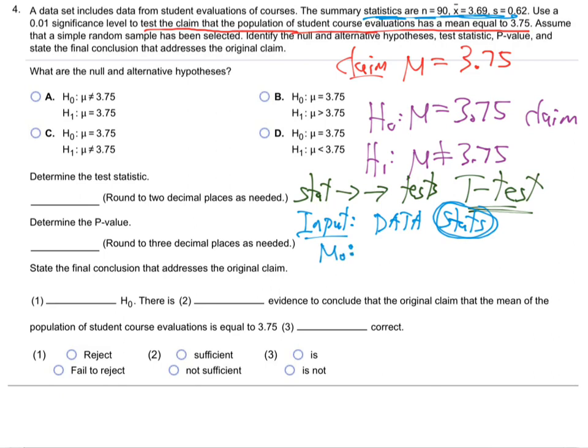What's mu0? Where do we get mu0? See that little sub-zero? It's your mean. Yeah, it's your null, right? H sub-0, 3.75? Is that making sense so far? So I don't want you to get confused and put the 3.69 in too early.